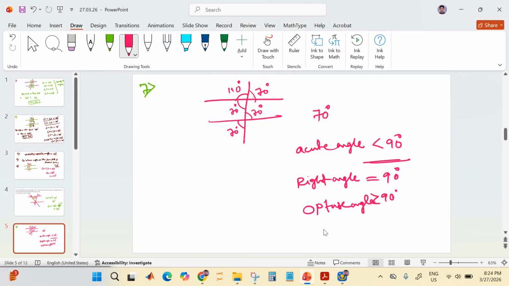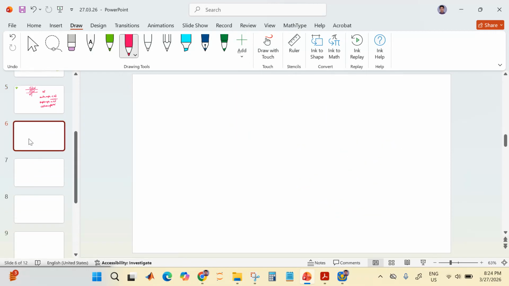What is an alternate interior angle? Actually, you have to remember the figures of all these types of angles. See, these are the alternate pairs, the alternate interior angles.